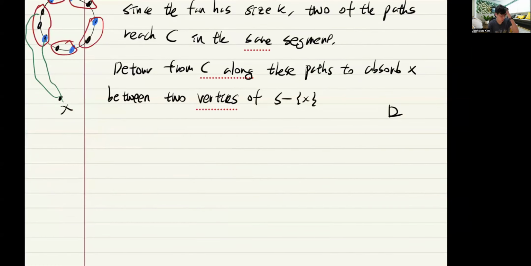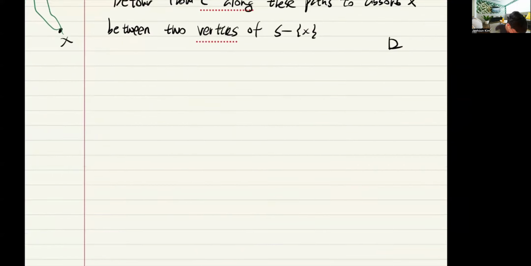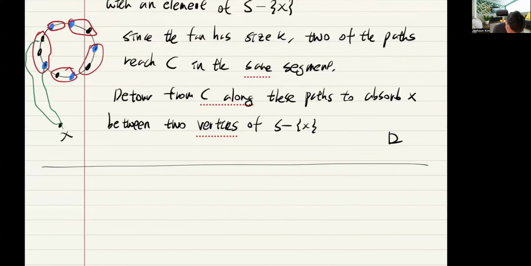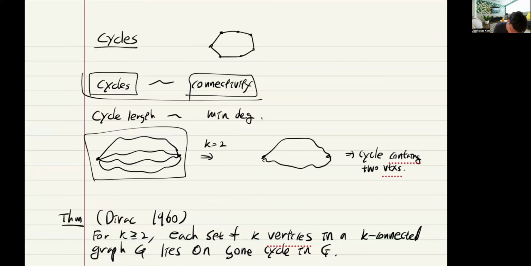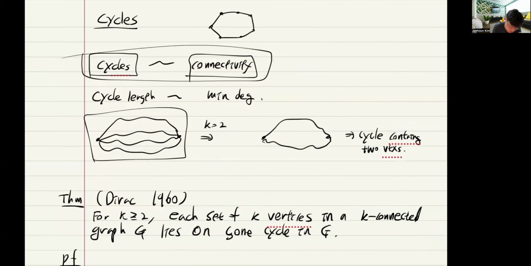This shows that in a k-connected graph, because we can find the k-fan, you can find a cycle including all k vertices you pre-specify. Okay, so this is one good example of the relationship between cycles and connectivity.